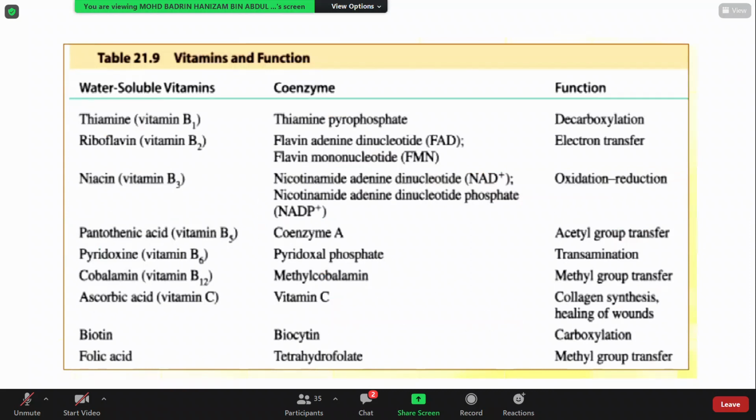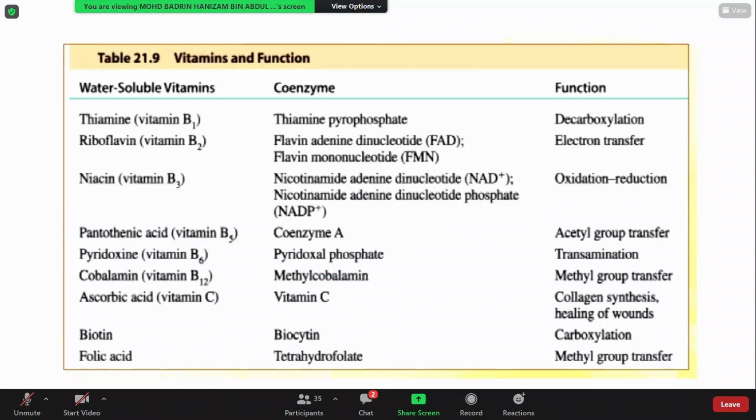So this table shows you the vitamins and their functions, more or less the general function of each vitamin. For vitamin B1, also called thiamine, the coenzyme is TPP, thiamine pyrophosphate, and thiamine pyrophosphate is responsible for the carboxylation reaction.